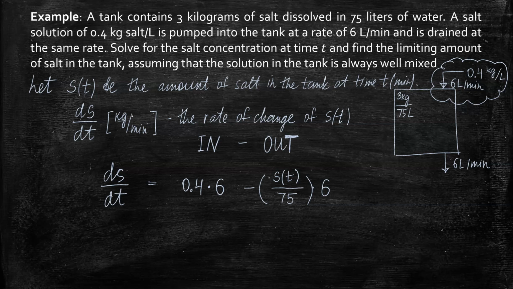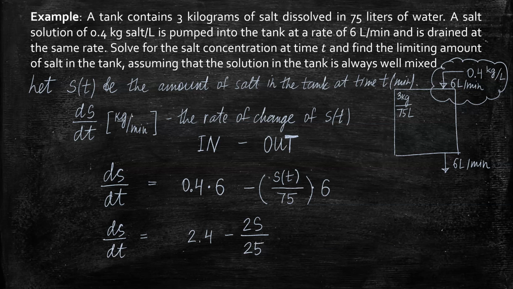So as a result, we now have a differential equation that we can write like this one. So 2.4 minus s over, and we can probably reduce this a little bit, right? So we divide everything by 3, so 2s over 25, and maybe we can even find the common denominator here.